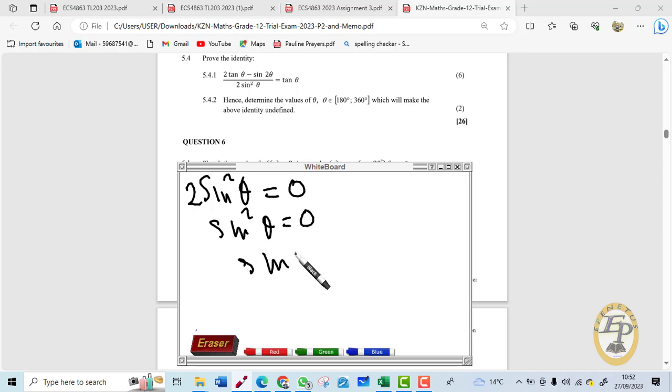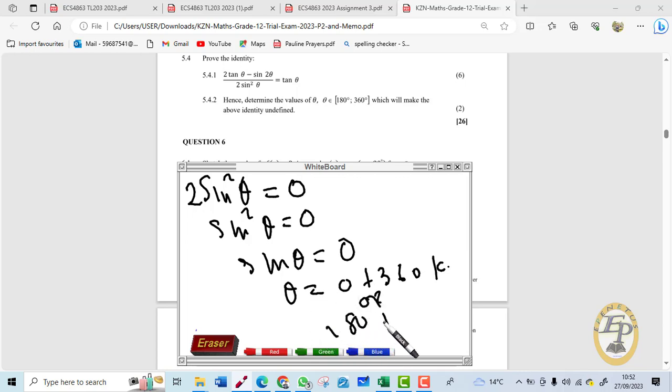Sine theta will be equal to 0. Therefore theta will be 0 plus 360k, or 180 minus 0, or 180 plus 360k, where k is an element of the integers.